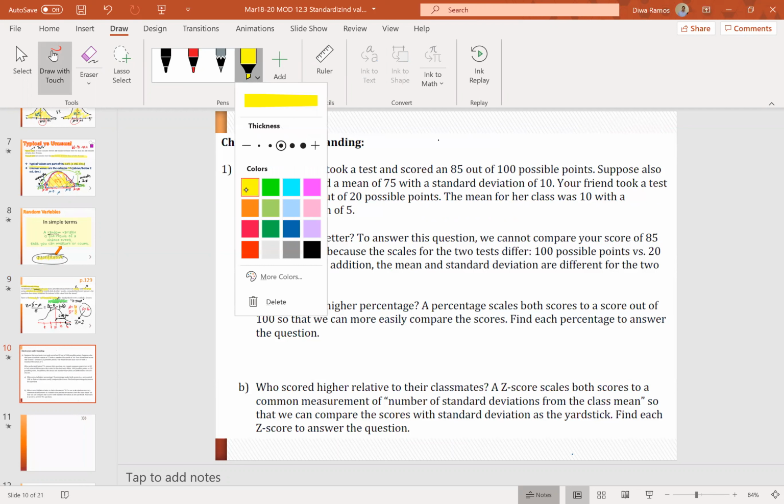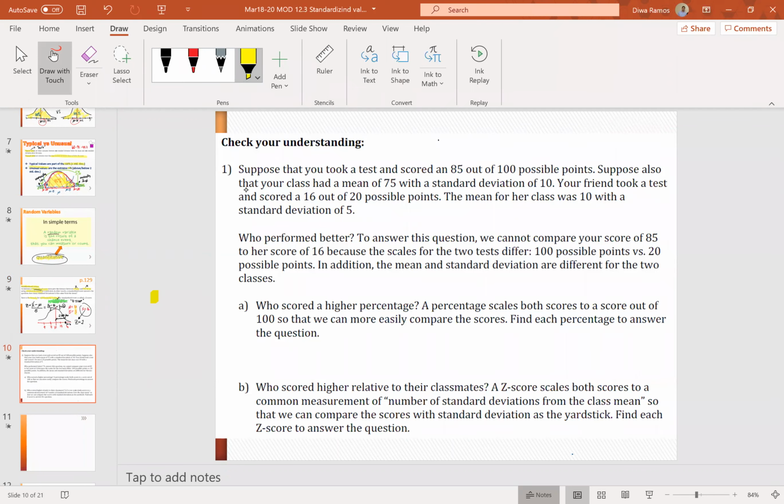First question, suppose that you took a test, and let me know if you have questions. Suppose that you took a test and you scored 85 out of 100 possible points. So this is your score. Your class has a mean of 75 and a standard deviation of 10.